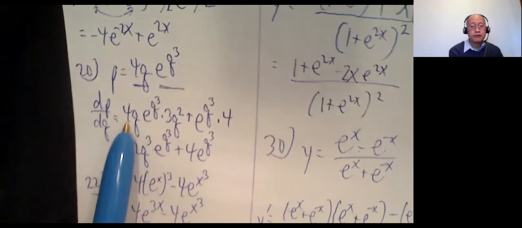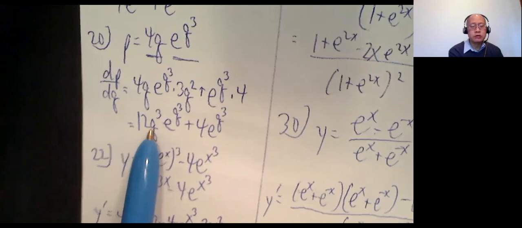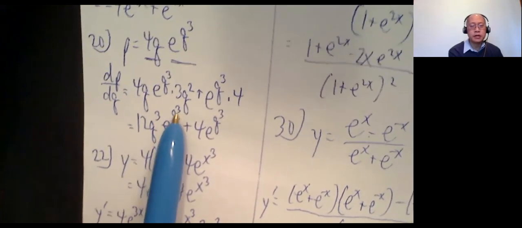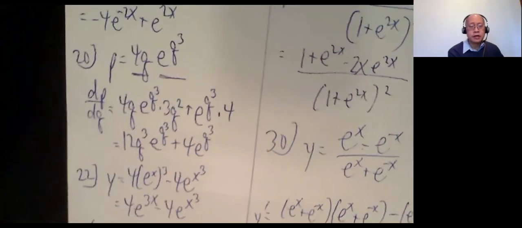And that's it. And just a little bit of cleanup. 4 times 3 is 12. q times q squared is q cubed. And that one, just put the 4 in front. So final answer, 12q to the third power, e to the q cubed plus 4e to the q cubed. And that's about it.